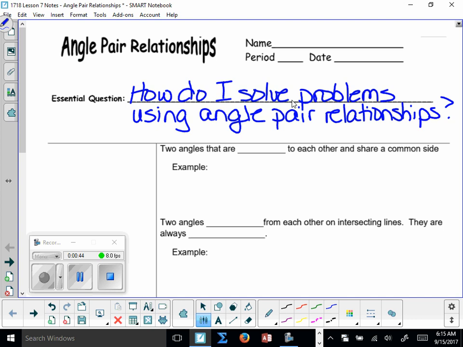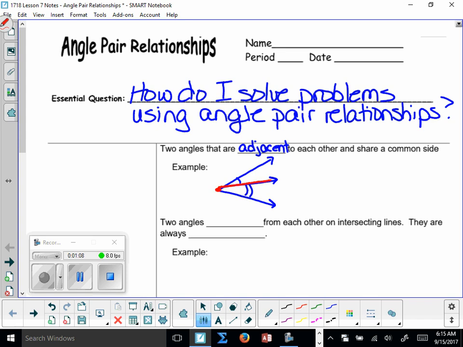All right, so our first vocabulary word is adjacent. Two angles are adjacent to each other and share a common side. You have a common vertex here.